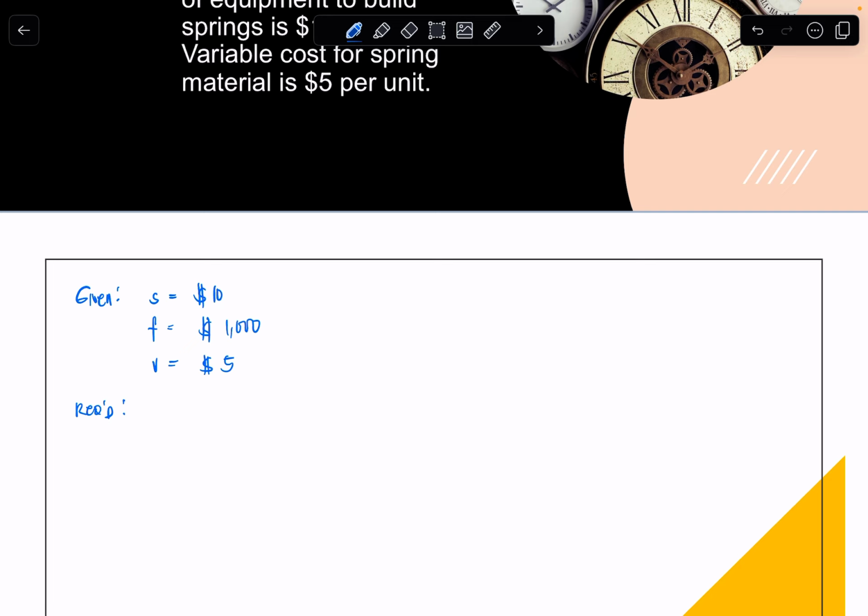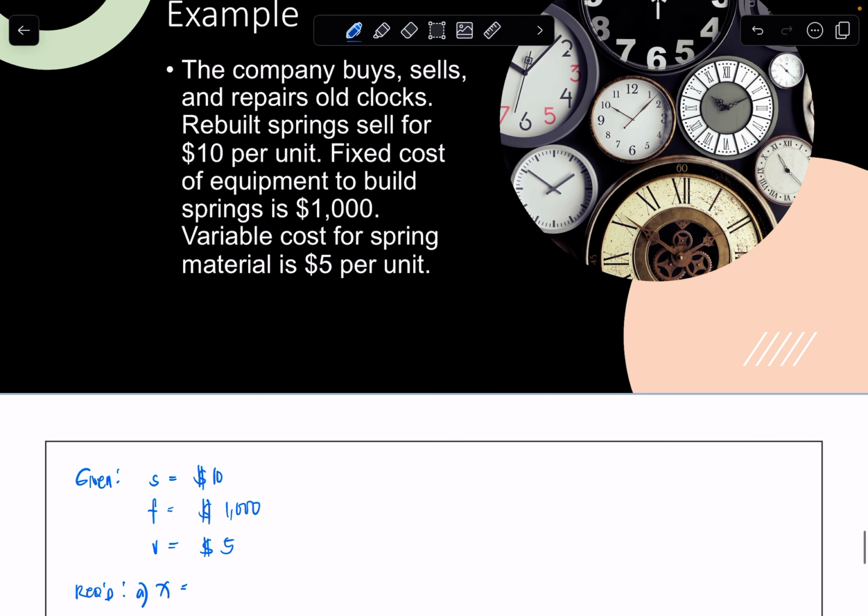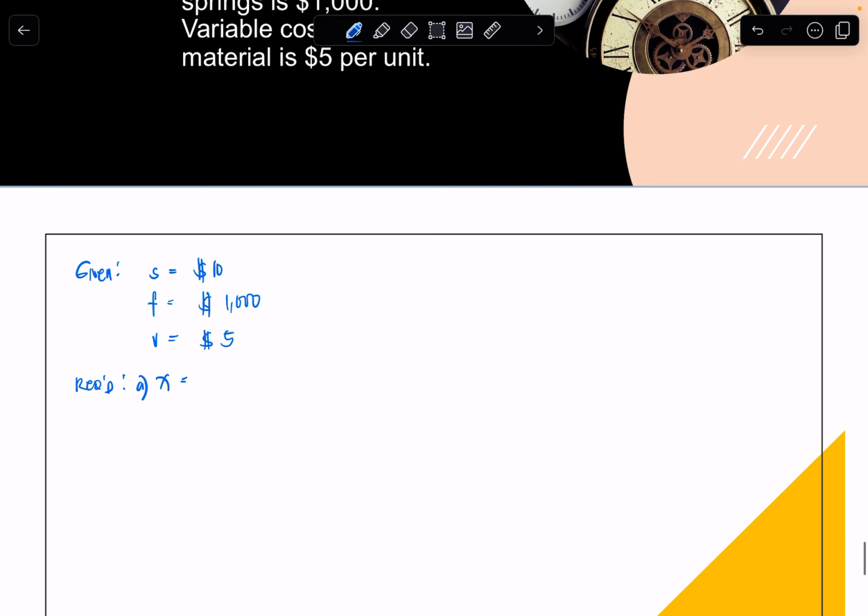Let's say, for example, I'm going to create 20 units, and the other one would be 200 units.